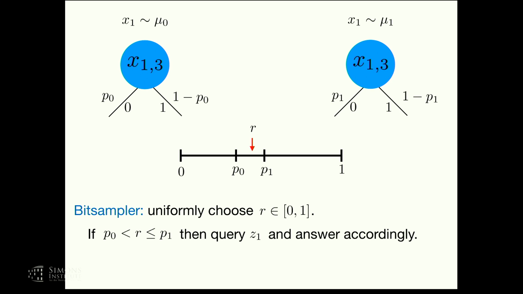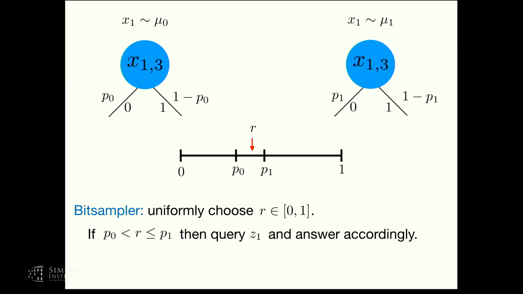If r lands in between p0 and p1, then I have to actually query what z1 is. And once I know what z1 is, then I know whether I should go left or right. So this is the fundamental procedure that we use in designing our protocol for F, this procedure that we call the bit sampler.